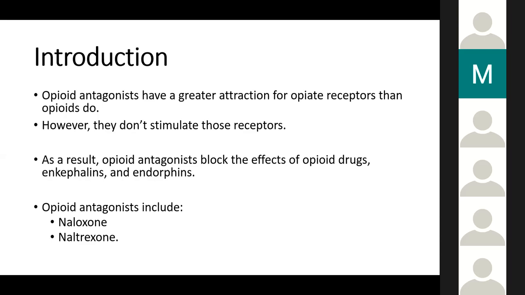And what they do is that they block the effects of the opioid drugs on the receptors, as well as the natural painkillers, the enkephalins and the endorphins. Examples of these are naloxone and naltrexone.